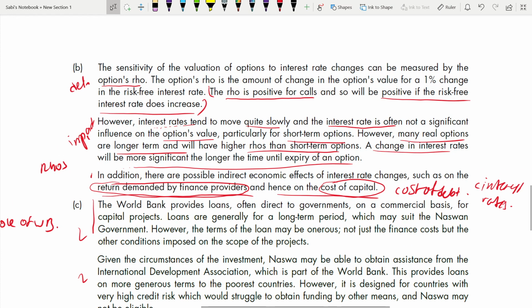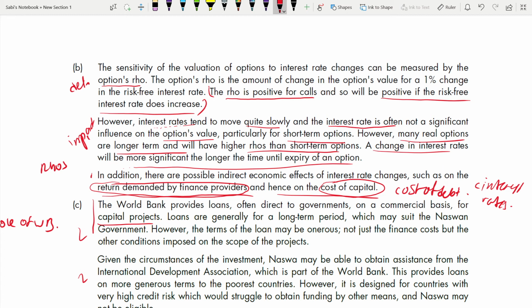So you have to say that the World Bank provides loans, often direct to governments on a commercial basis, right? Not for entertainment purposes, but on a commercial basis for capital projects. Word by word is important. It is not just for any purpose. It cannot be for short-term investment, say for 1 year or 6 months.